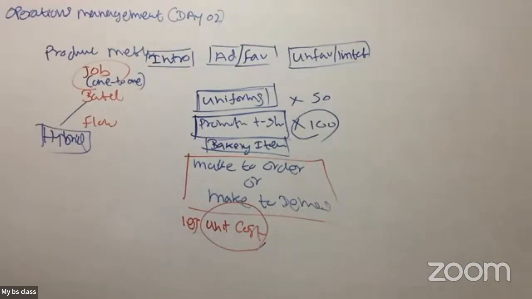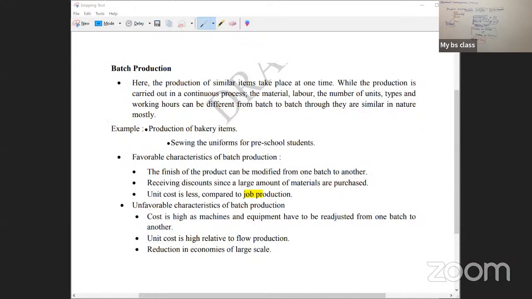Batch production එක කියලා කියන්නේ. Here the production of similar items takes place at one time. එක වගේ items කීපයක් එකවර හදනවා, right?